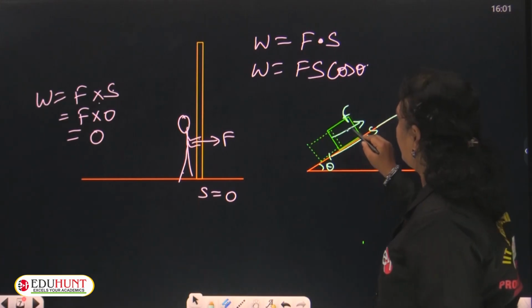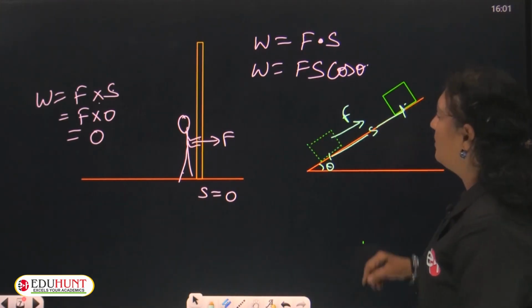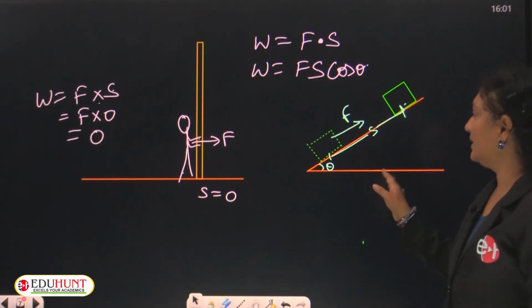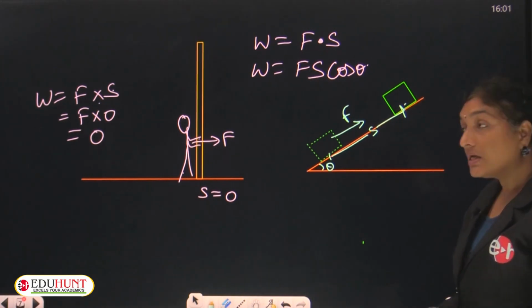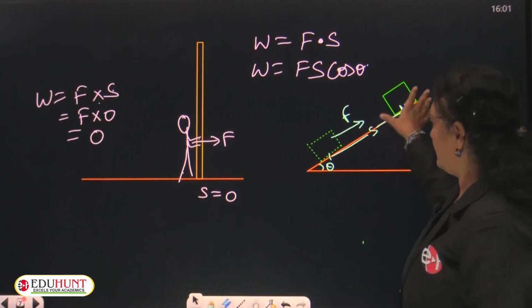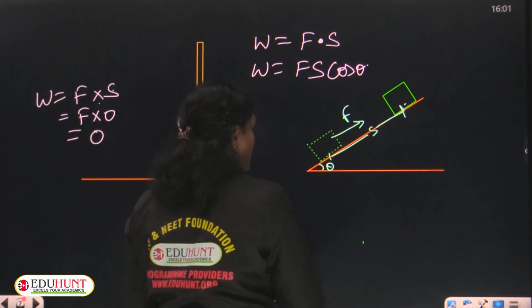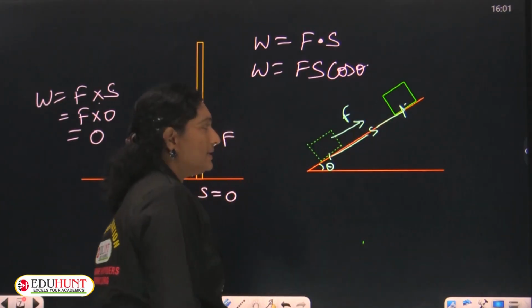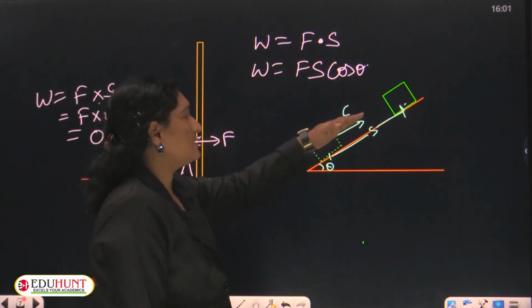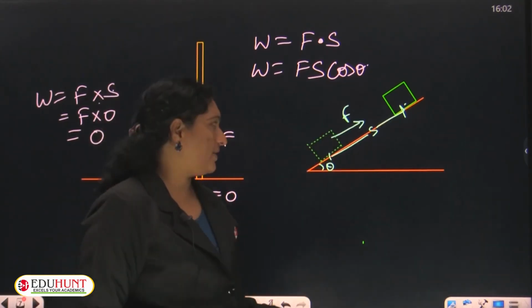So this body, initially here, is pulled up the inclined plane by applying a certain force. In this case, the direction of the force is in some direction, and some displacement is being created. This displacement can be resolved into some components, and that is a different part.